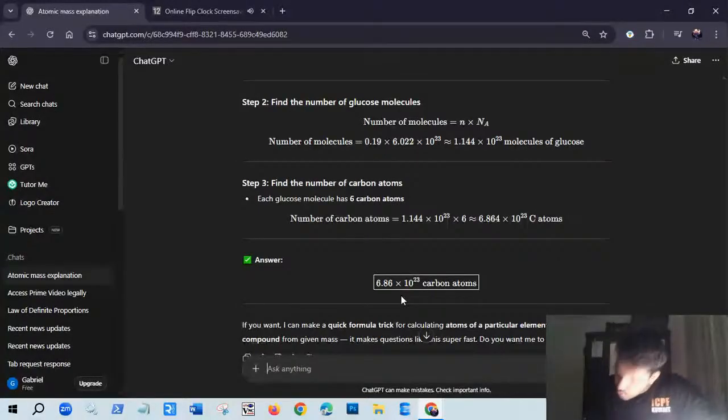Now we found the number of glucose molecules in total. Now we have to find it for carbon.